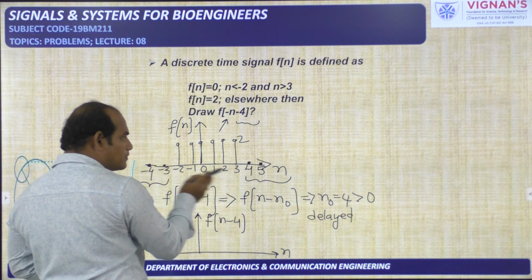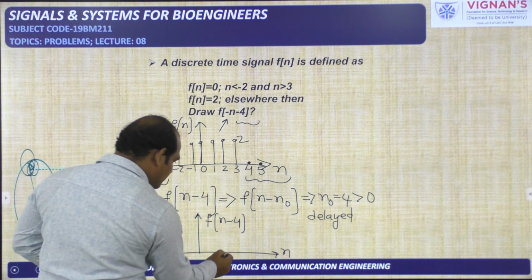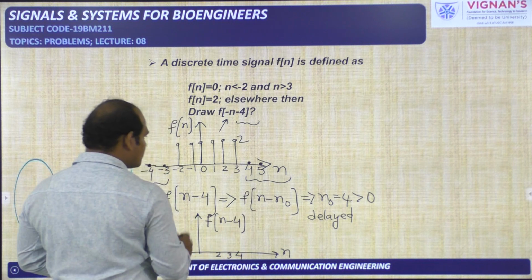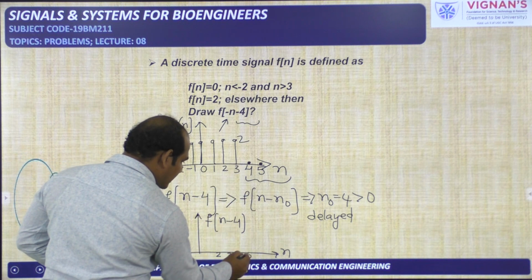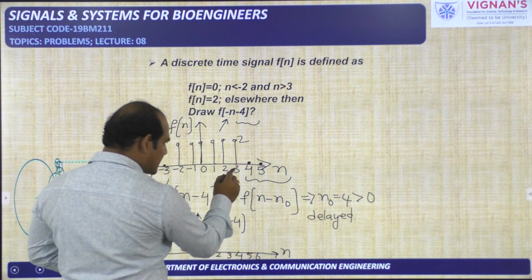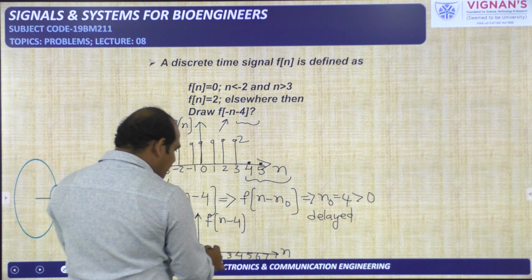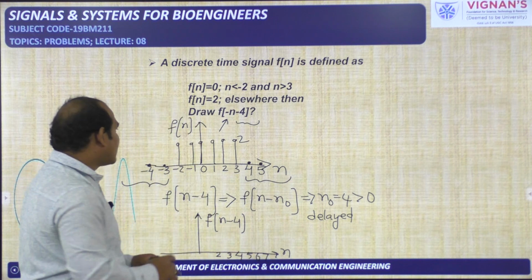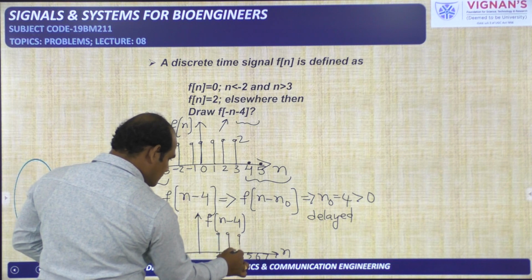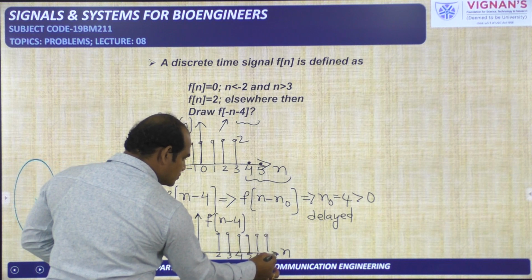Minus 2 plus 4 will be at 2, minus 1 plus 4 will be at 3, 0 plus 4 will be at 4, 1 plus 4 will be at 5, 2 plus 4 will be at 6, 3 plus 4 will be at 7. For these samples you will get the sample value 2, and the rest of the samples will be zeros only.